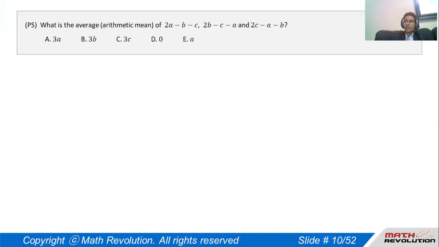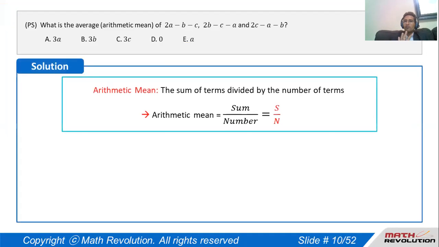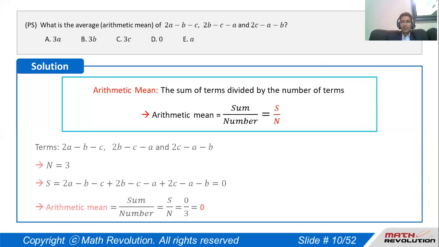My concept says the arithmetic mean would be sum over number, that is S over N. So I'll simply add all those and divide by 3, because the total numbers are 3. I add 2a minus b minus c, 2b minus c minus a, and 2c minus a minus b.